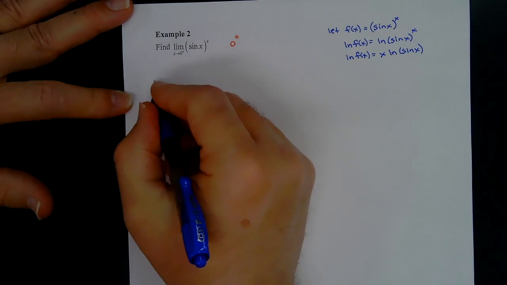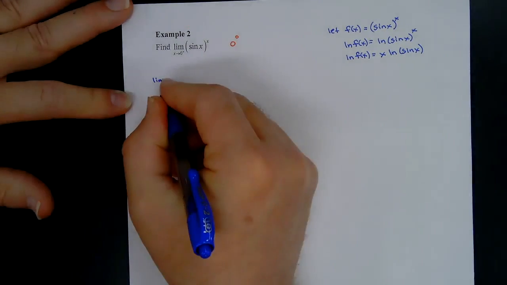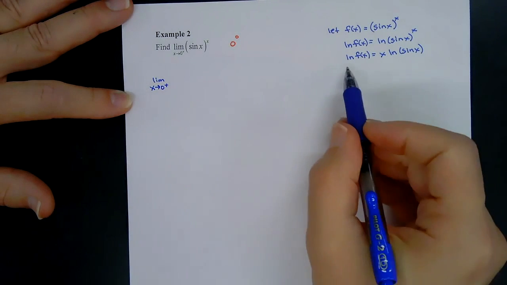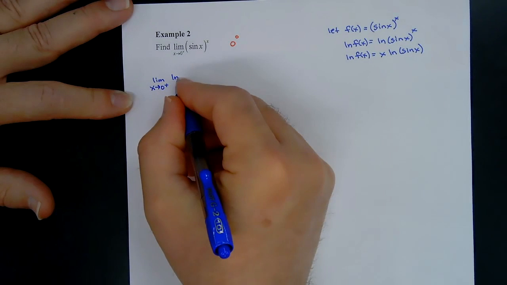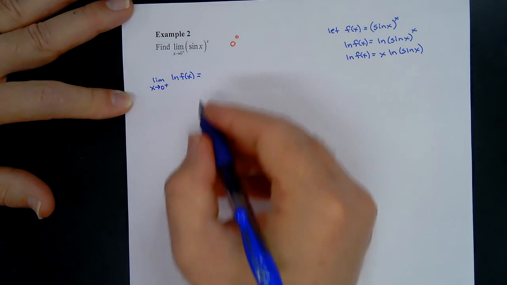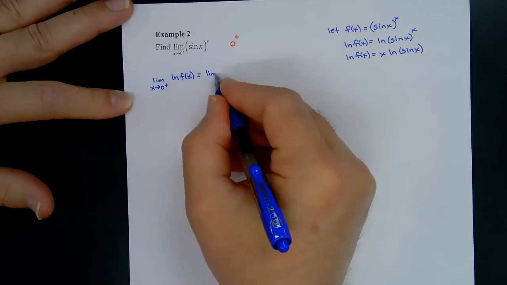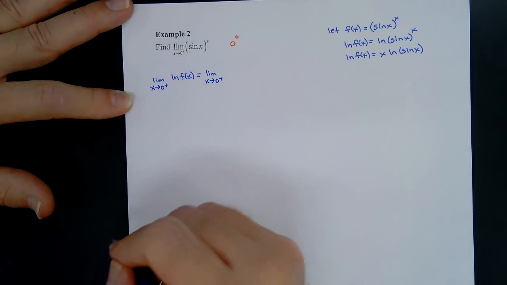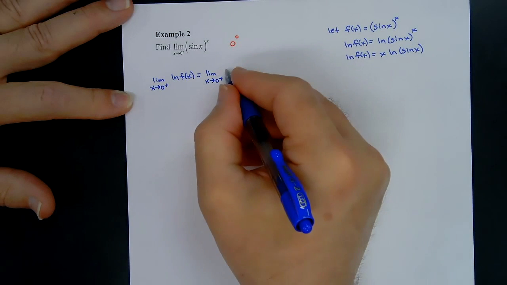Okay. So let's find the limit as x approaches 0 from the right of ln of f of x, because we're going to be able to use this in our problem. Okay, so this becomes the limit as x approaches 0 from the right of x ln of sine x.